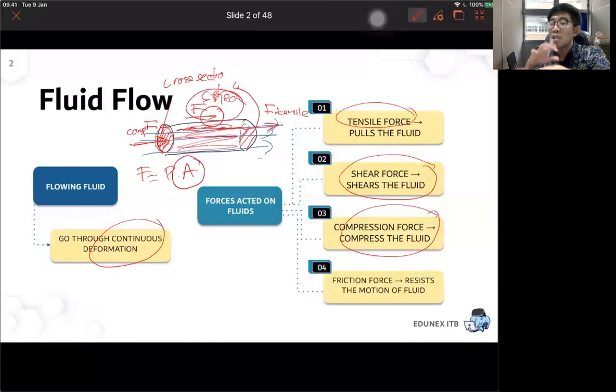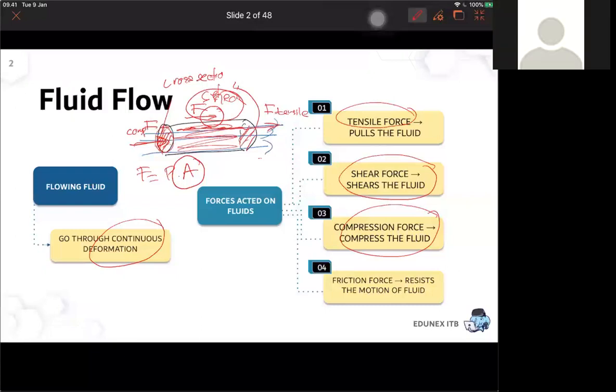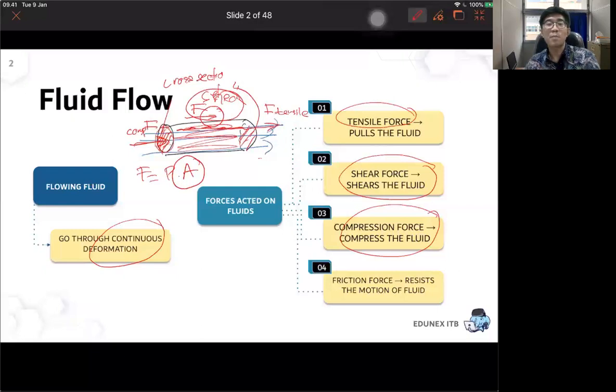Steady means the velocity profile or the value of the linear velocity will be the same, as long as there is no other force acting upon the fluid, right? Is that answering the question? So, sir, even though the pressure is different, it will go up to a certain velocity until it becomes constant, gitu, sir. As long as the direction is the same.